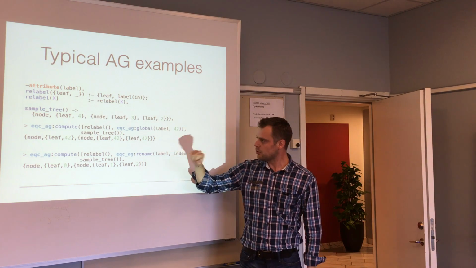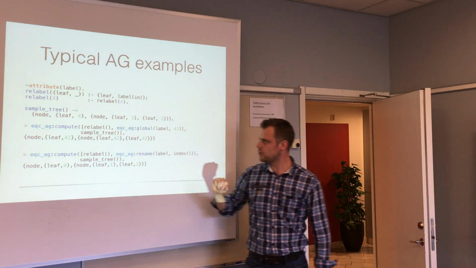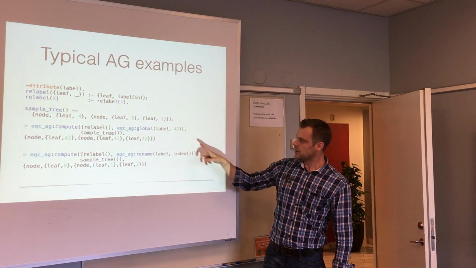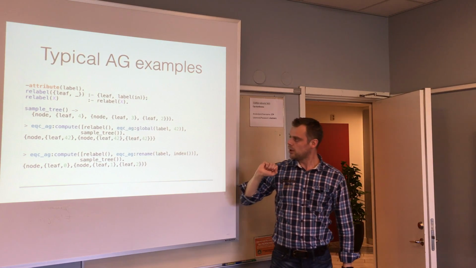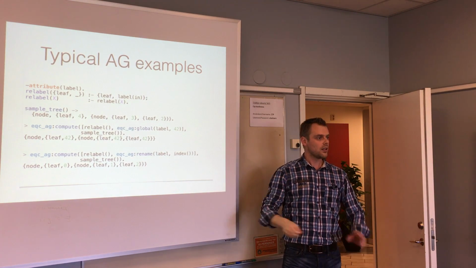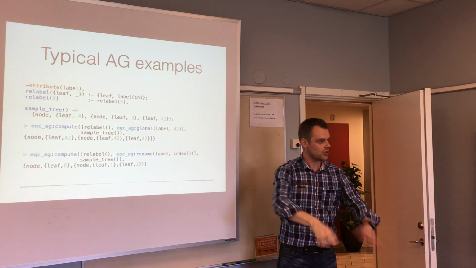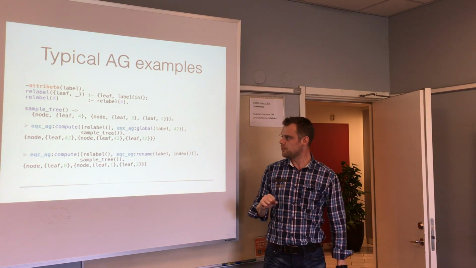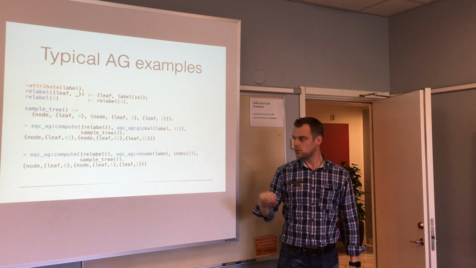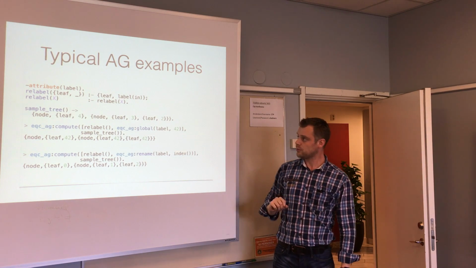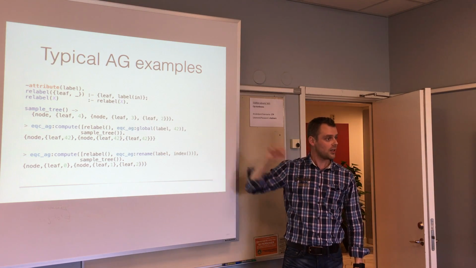In this case, we give it the relabel attribute, and then with the global function, we can define a global attribute. It's an inherited attribute that's being pushed down the tree. And we give it a name, label, and the value 42. So at this point, we know that the label is 42.